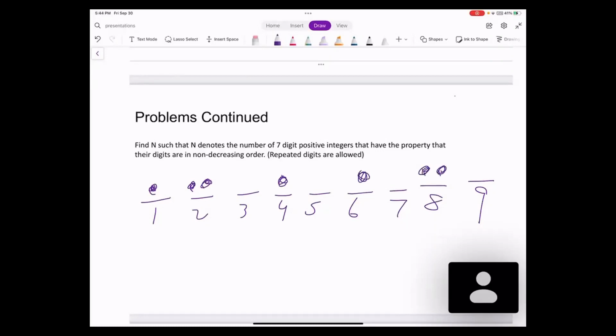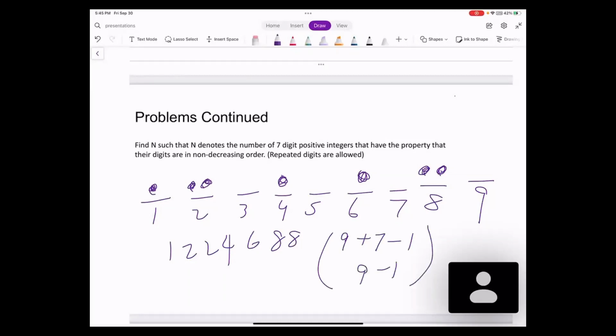So this gives us 1, 2, 2, 4, 6, 8, 8. So this becomes a problem of distributing these 7 stars into 9 bins. And again, following our previous formula, what we can do is to have 9 plus 7 minus 1 choose 7.